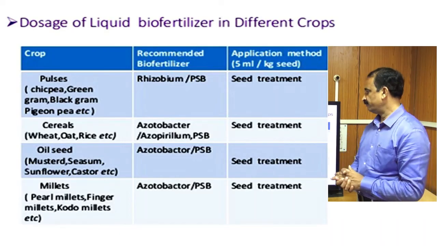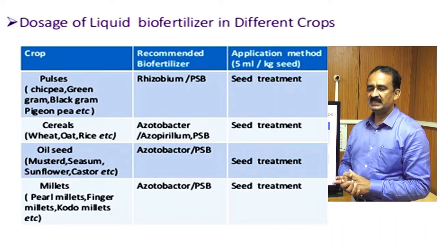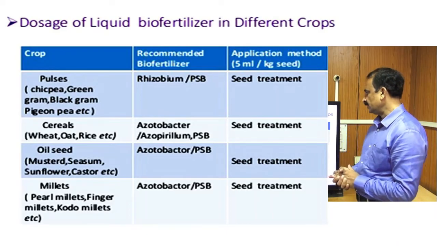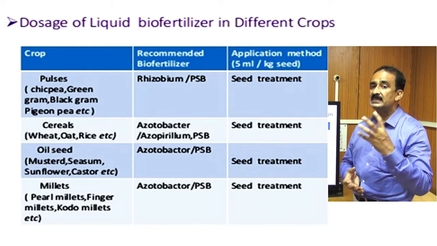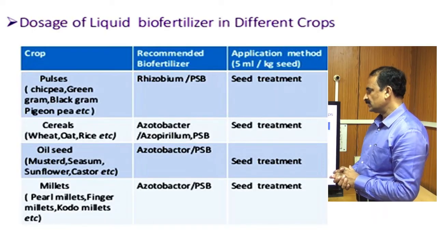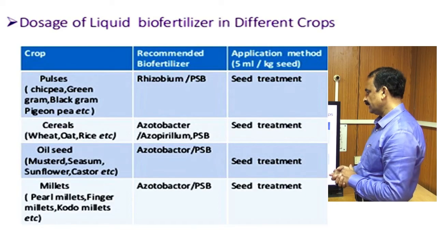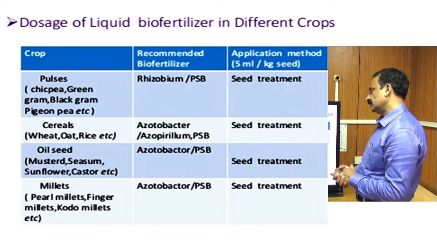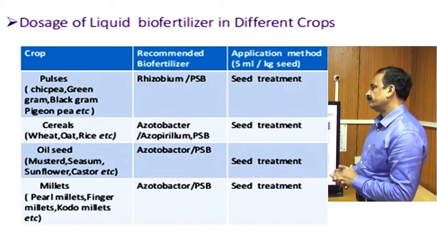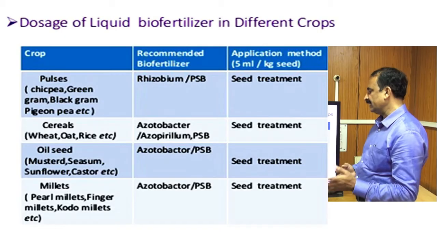Remember this point: 5 ml per kg of seed is sufficient for inoculation if you are doing seed treatment. In the case of cereals like wheat, oats, rice, etc., Azotobacter and Azospirillum are very important. The amount is 5 ml per kg, uniform for pulses, oilseeds and millets.